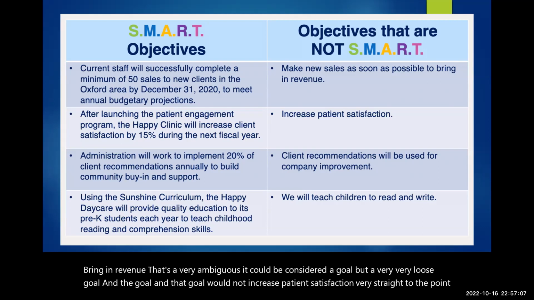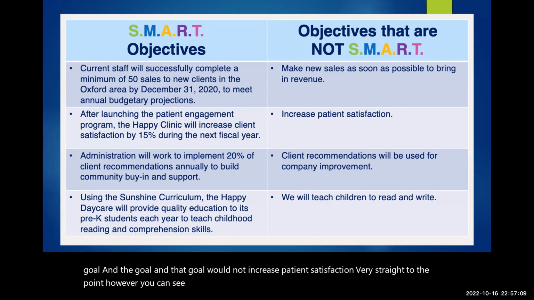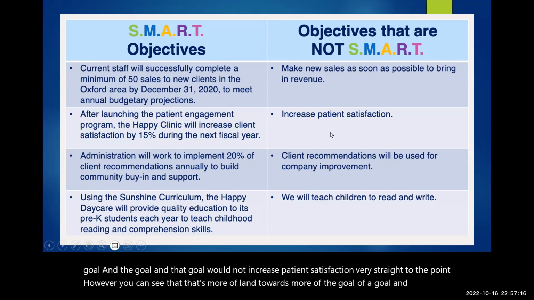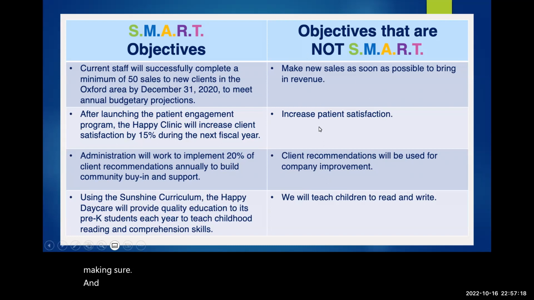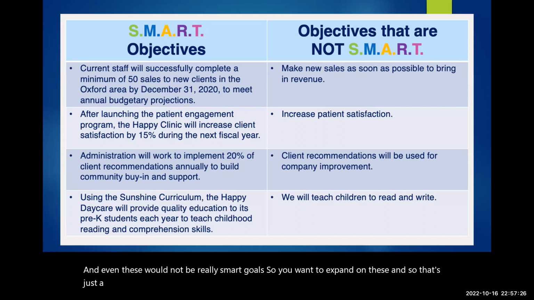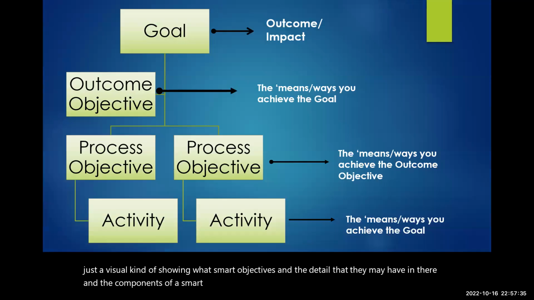However, you can see that that would lend more towards a goal. And even these would not be really SMART goals, so you want to expand on these. And so that's just a visual showing what SMART objectives are and the detail that they may have in there and the components of a SMART objective as opposed to not.